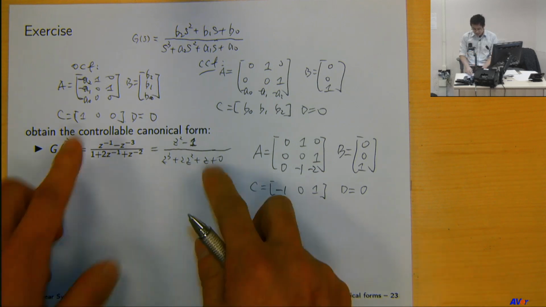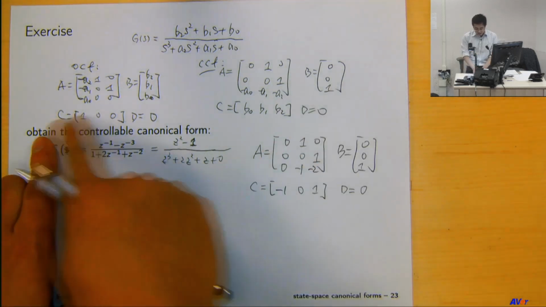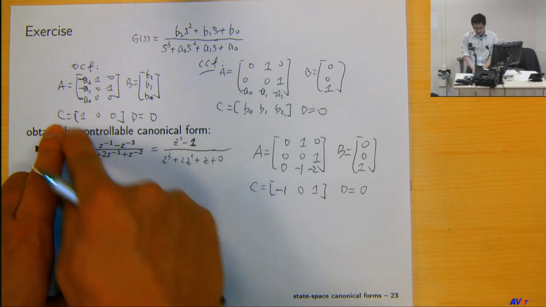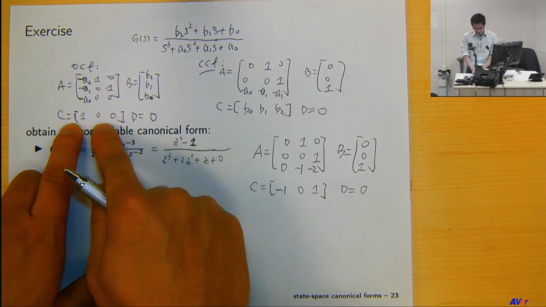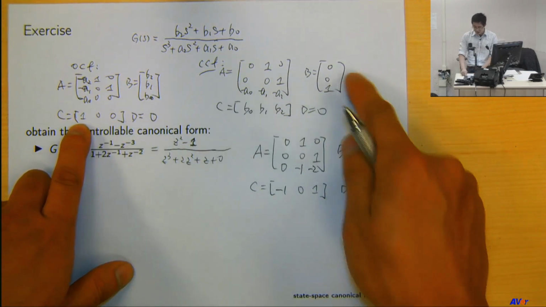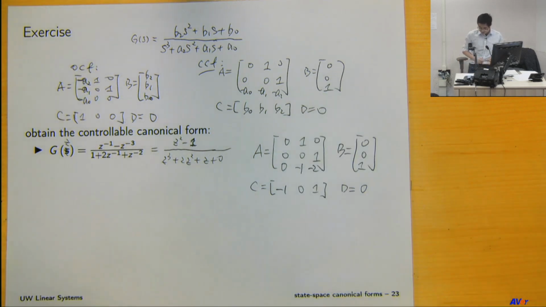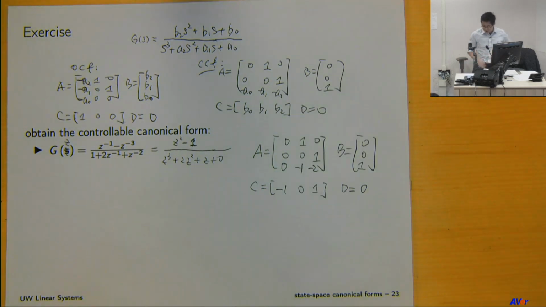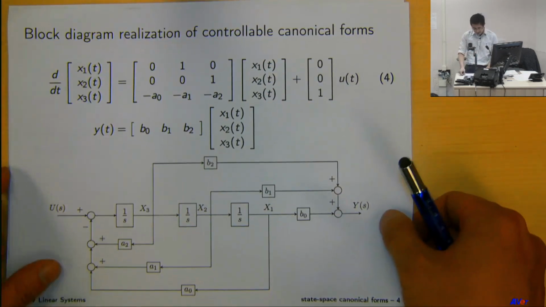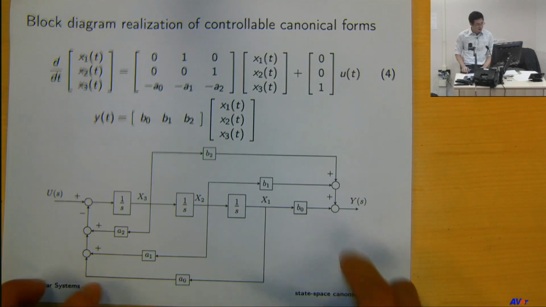But here is something that you can observe. Observable canonical form always has this simple form in C. Controllable canonical form is always simple in B.